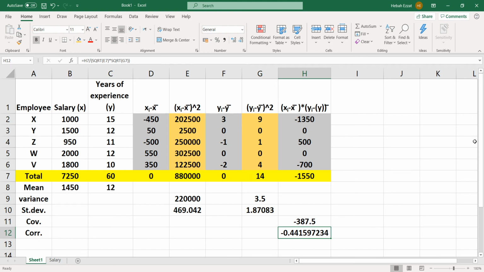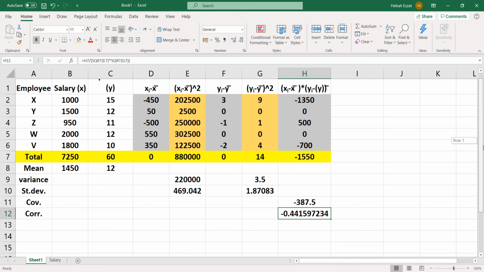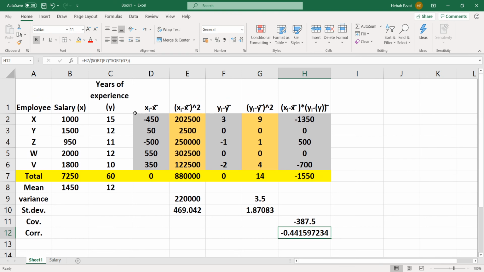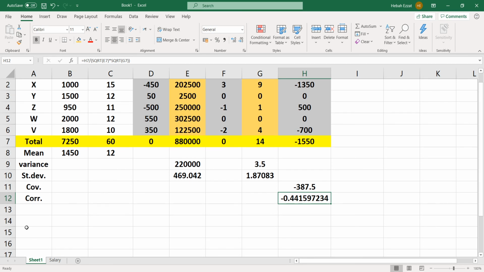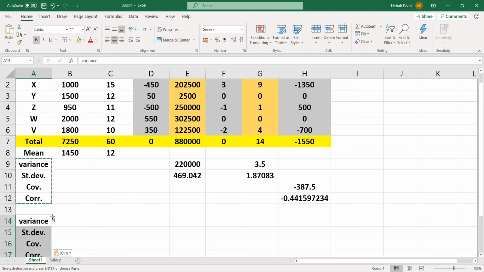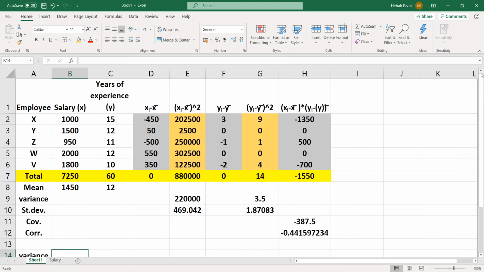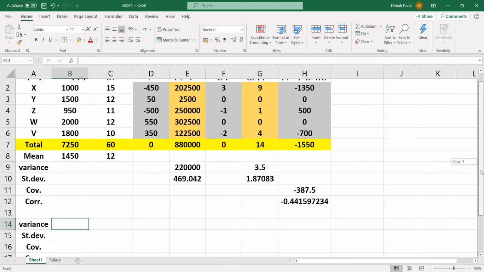So again, to find this using Excel without going into much detail or calculating all these values by hand, all we have to do, if we want to calculate the variance and the standard deviation, is start with the x variable.